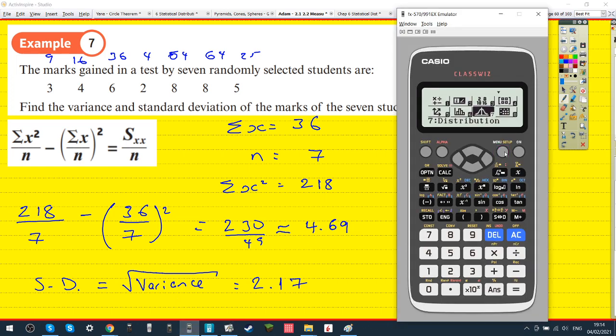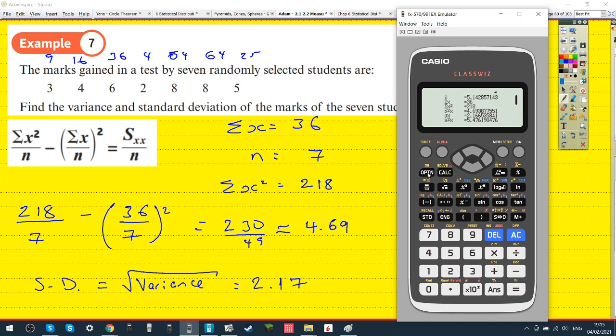Now let's see. Calculator. Statistics. Number 6. This is one variable. Does your one look like this? Yeah. Okay, so 3 equals 4 equals 6. Option, and one variable calculation, which is 3.